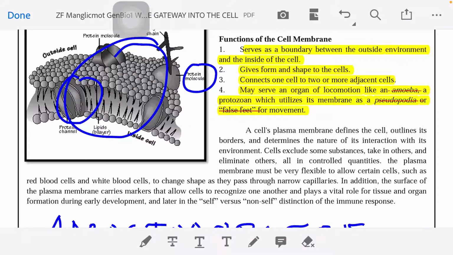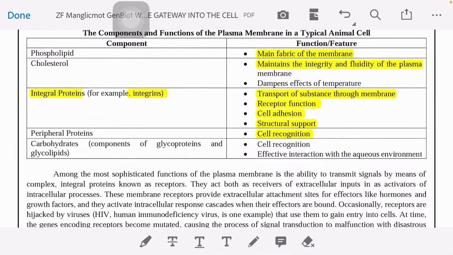Nag-act yun as recognizing agent para ma-recognize na yung papasok na isang material doon sa loob ng cell. So, if that particular material ay hindi na-recognize ng iyong cell membrane, kaya tinawag na semi-permeable as well, hindi niya papayagang makapasok lahat yon. Okay?